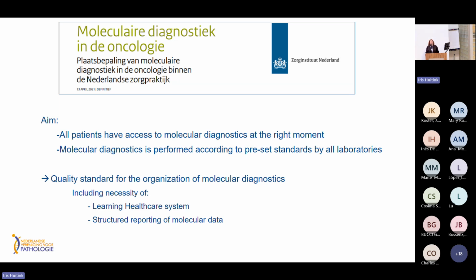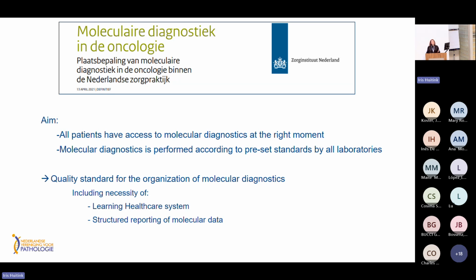And one of the things that was mentioned in that trajectory was that we came up with a quality standard describing how we should organize the molecular diagnostics in the Netherlands. And one of the things, or actually two things, were that we described the necessity of a learning healthcare system. I think everyone here knows what the benefit of that is.